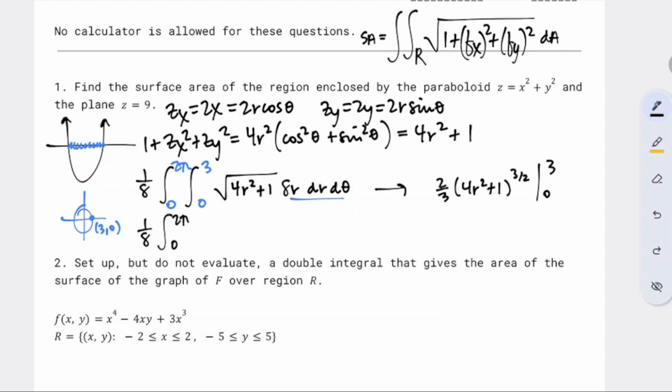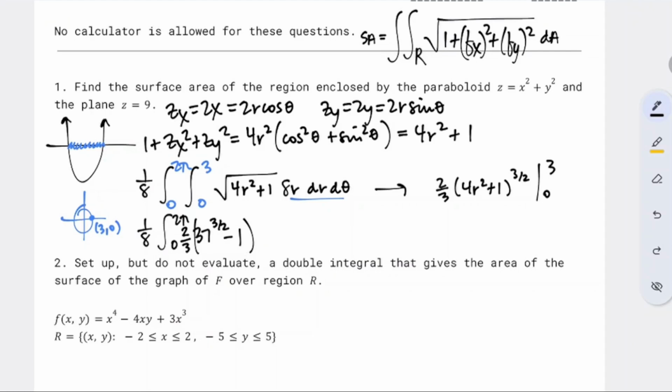Let's see. 4 times 9 is 36, plus 1 is 37 to the 3 halves. Horrible number, I kind of remember that. 37 to the 3 halves, 2/3 of that. Oh, goodness. Minus, when I plug in 0, I'd get 1 to the 3 halves. At least that's just 1.